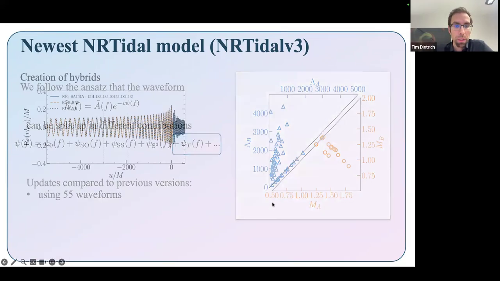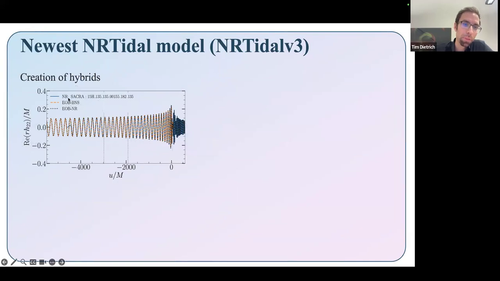So here we have these 55 simulations, and what we do with them is we have the NR data, which is shown here in blue, and this is, for example, simulation data with the SACRA code from Shibata et al. Then we stitch this together with an effective one-body model, in orange, and we create a hybrid waveform going very early on, having thousands of orbits, and then in the last part switching from the EOB model to the numerical relativity data.